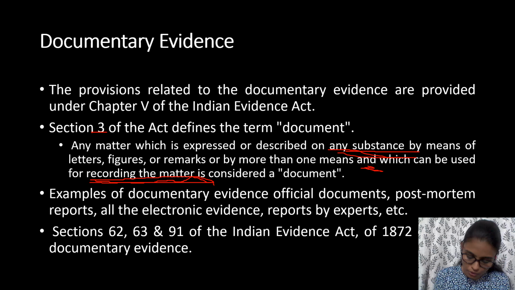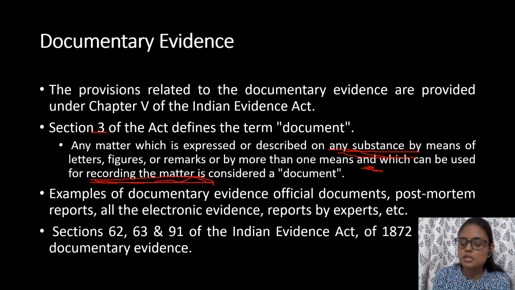An inscription on a metal plate or stone is a document. As I have stated, it need not be only paper, it can be a metal plate, a leaf or anything. Because an inscription is what? They are trying to preserve something in the form of figures or any picture they wanted to draw.